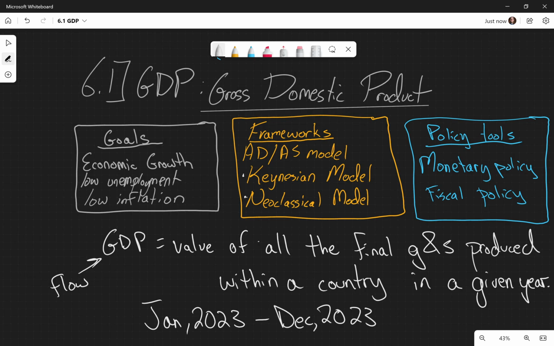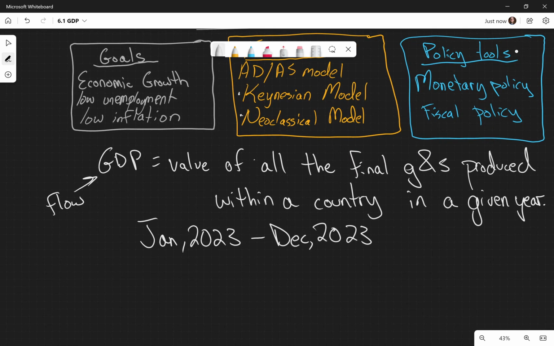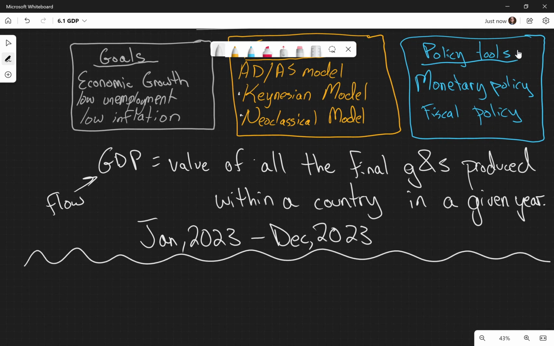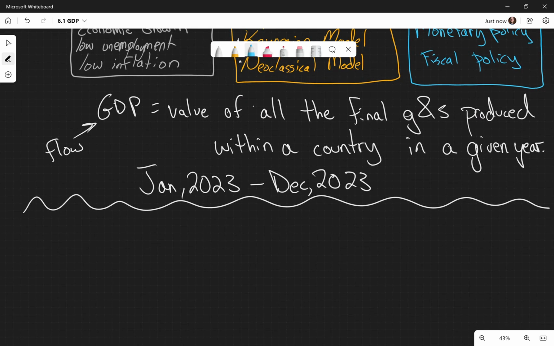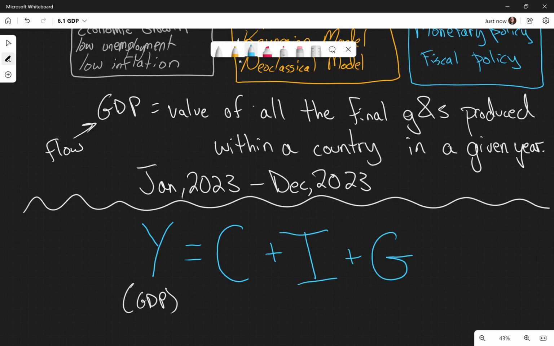So we split GDP up into different parts. There's this very famous equation that you're going to see over and over again. We represent GDP with Y. So this is our GDP, and this is going to be equal to all of our consumption plus all of our investment plus all of our government spending plus, and here's where it gets a little bit tricky, we can talk about this a couple different ways.